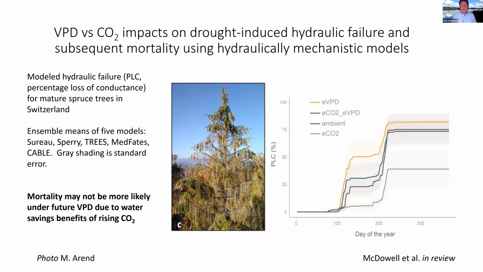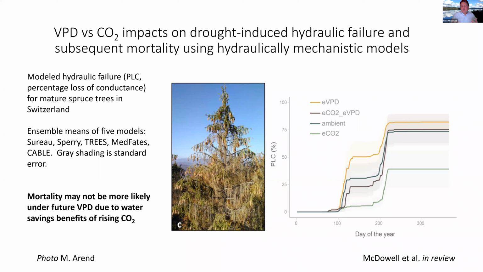And what we find in the figure on the right, these are trees that did die. We had validation against observations of trees that did die at this canopy crane in Switzerland. And what we're looking at, PLC, is the percentage loss of conductance at the whole tree scale. How dehydrated and unable to move water were they?